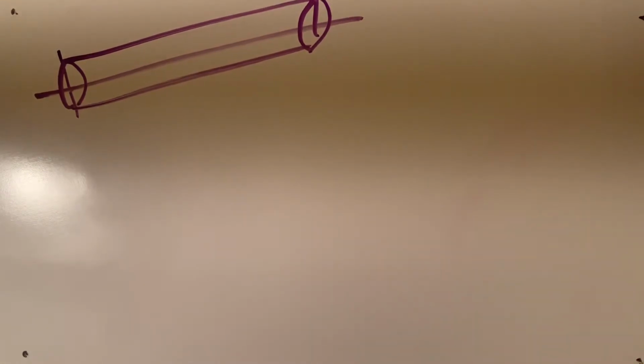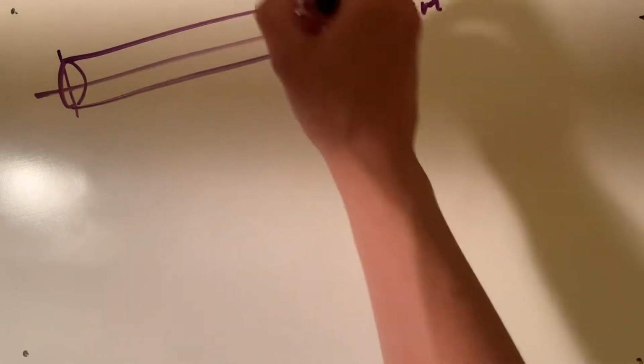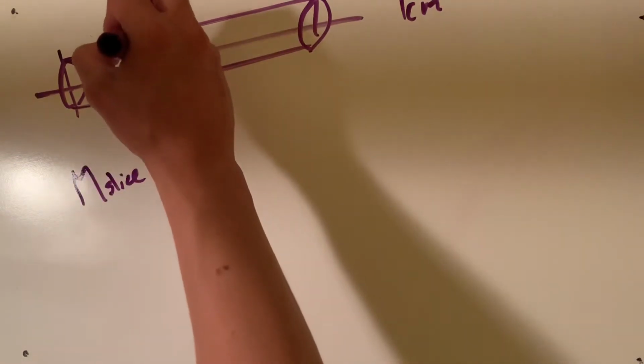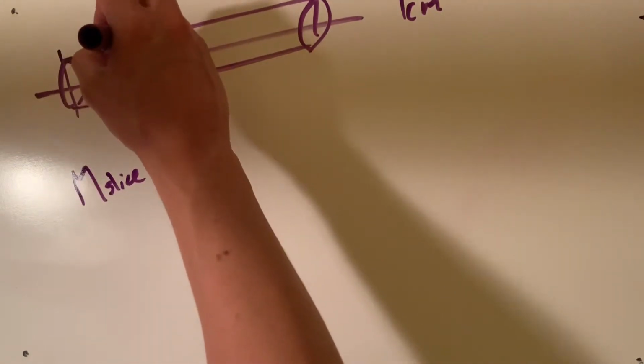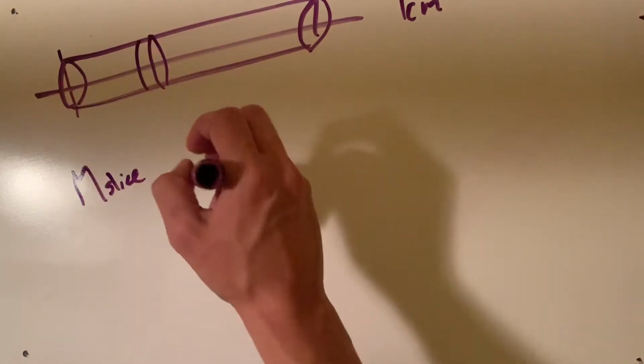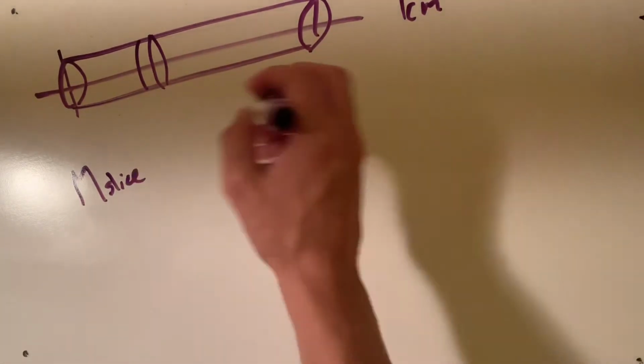with a constant cross-sectional area of 1 centimeter squared, then the mass of each slice would equal the volume, which is the cross-sectional area, times the height.